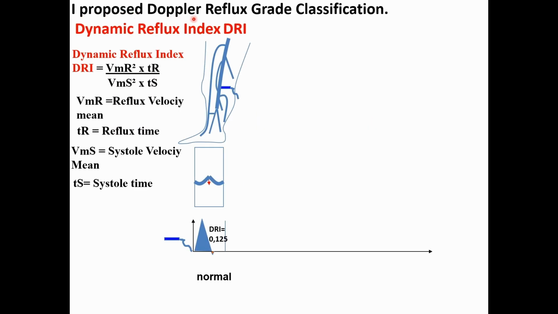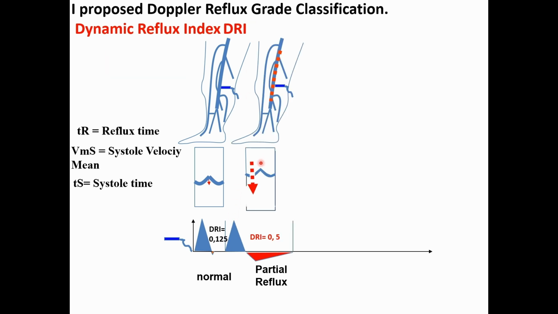I proposed a Doppler reflux rate classification, and I called it the dynamic reflux index, DRI, according to the reflux velocity mean, reflux time, systolic velocity mean, and systolic time. In this case, the dynamic reflux index is 0.125. Partial reflux due to just a leak here is a partial reflux, 0.5.